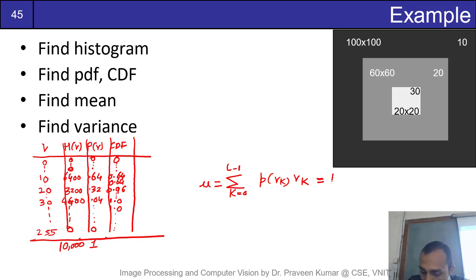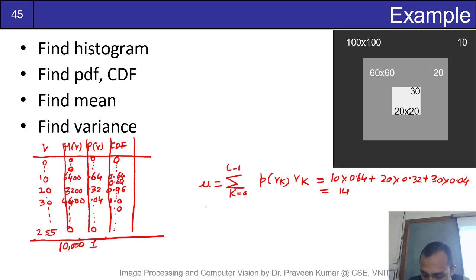Should I calculate it? I think so. This will be 10 times 0.64, 20 times 0.32, plus 30 times 0.04. So this will come around 14.